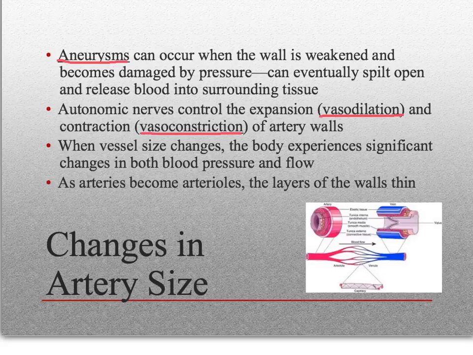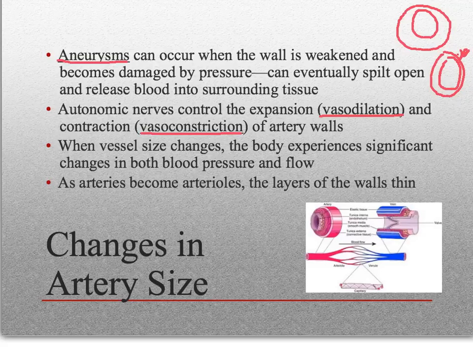And so when the wall of the vessel, if it's supposed to be this thick, say, but we get the wall and all of a sudden we've got one area that has almost no thickness right here, as the blood is pushing through that vessel, the pressure repeatedly damages that weakened area, and it can eventually split open. Sorry, we've got a typo here that should say split.